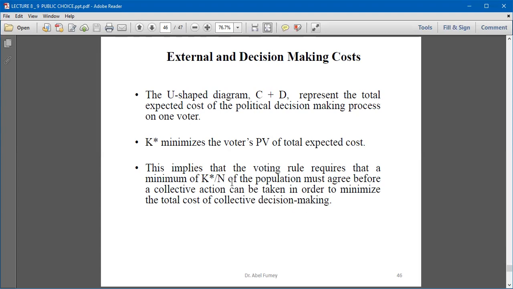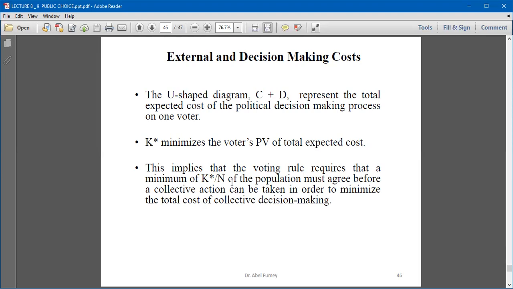As the individual is trying to engage in this, the person is also thinking about the cost that he has to incur. So he's looking for an optimum number of voters that will minimize whatever external costs he or she will incur.